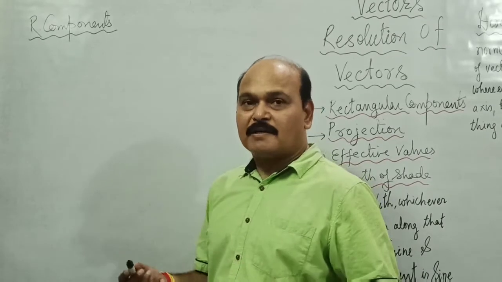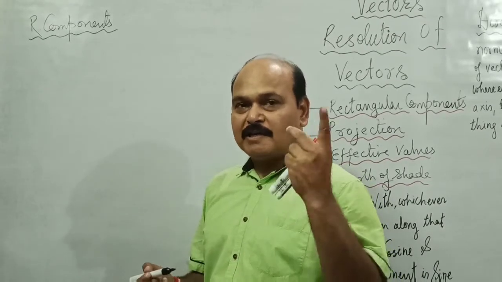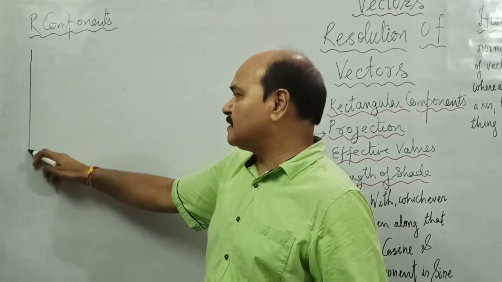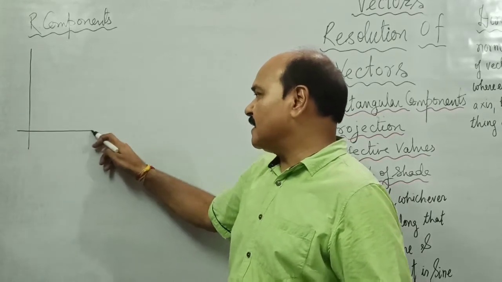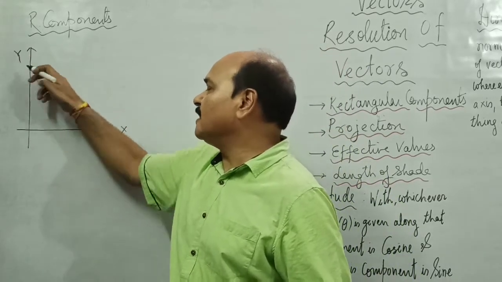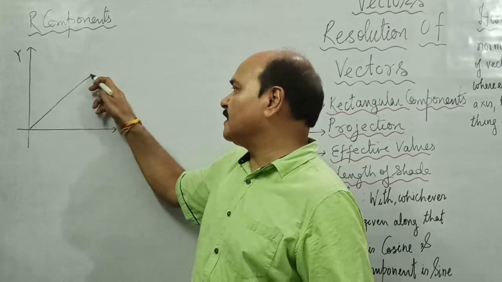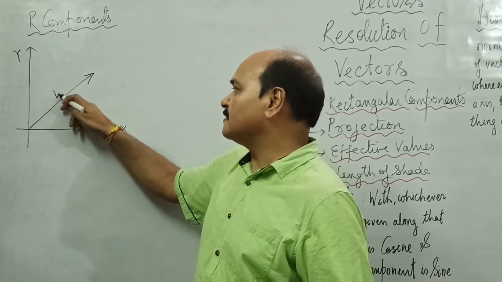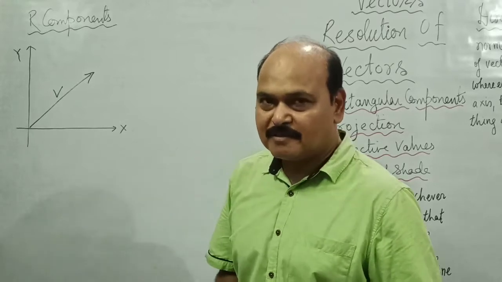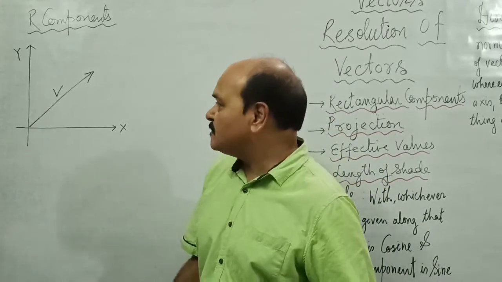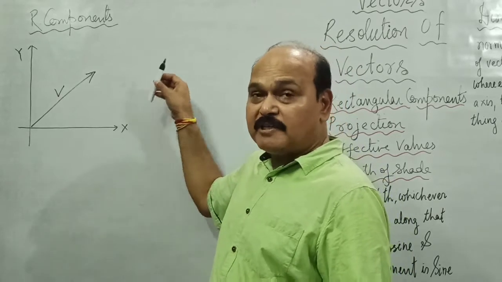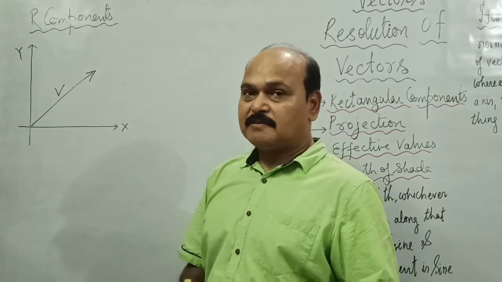To understand the cleavage of a vector into its two components, let us take two perpendicular axes. One is x-axis, other is y-axis, and in between these two axes we have a vector, say v, like this. What are its two components? To find out its two components, let us find out the length of shade of this vector along the axes.